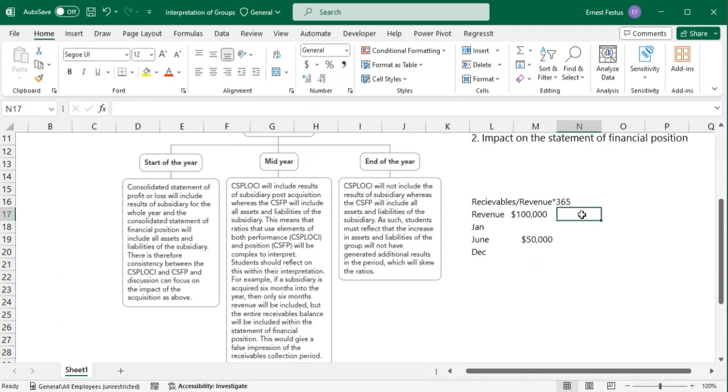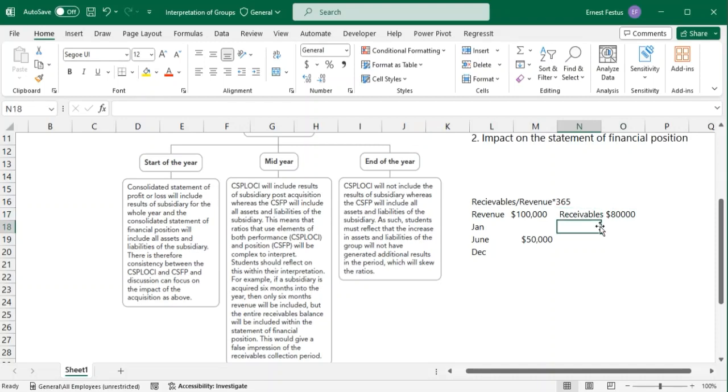Assuming the receivables amount is 80,000 at the date of acquisition.